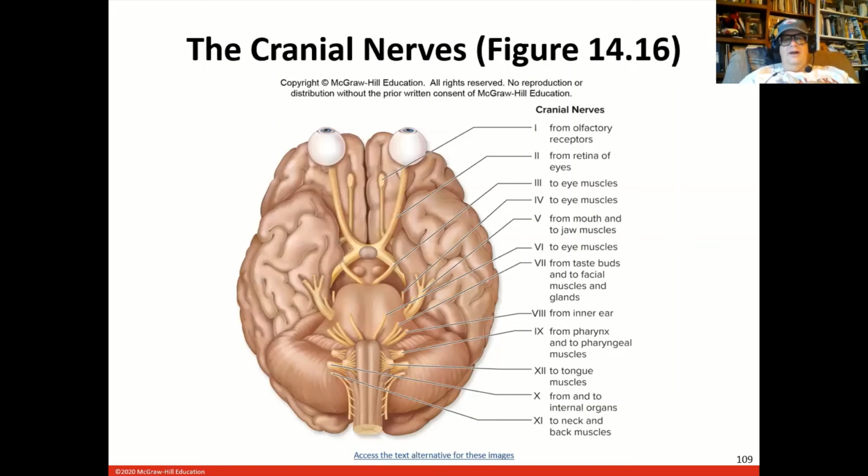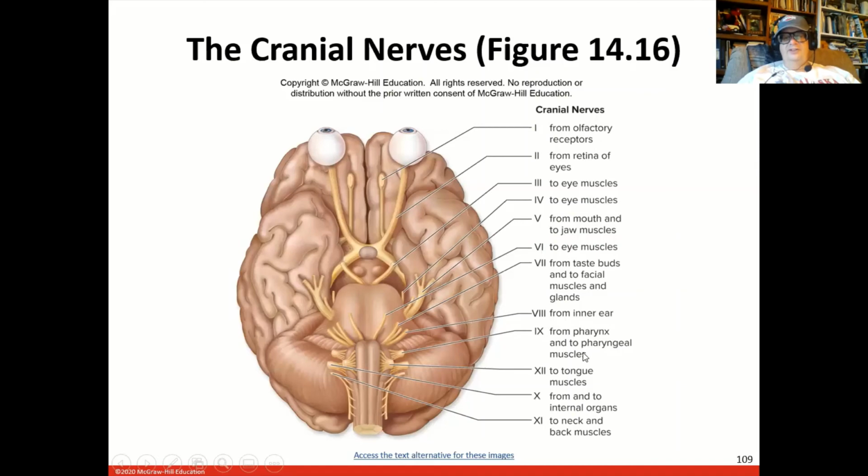The mouth and jaw muscles, that would be so you can chew. Taste buds, facial muscles, and glands. Again, pretty straightforward. Inner ear, that's the auditory nerve. It carries the signals to the brain.